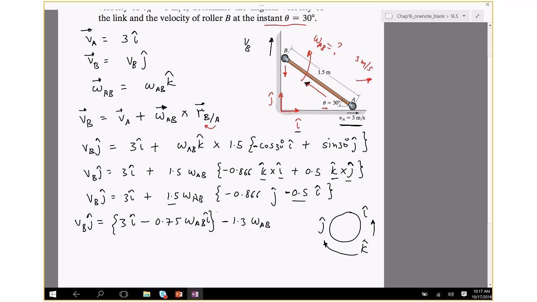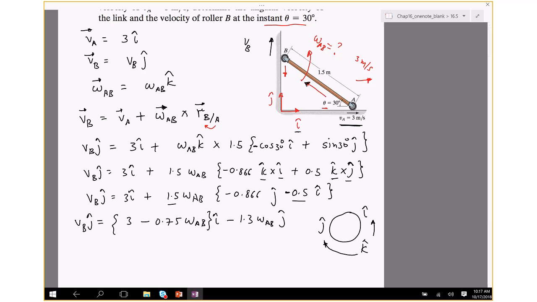Sorry, I forgot to put an i. So 3 minus 0.75 omega AB in the i direction, and then negative 1.3 omega AB j. Okay, I just clubbed together all terms which have an i, and all terms involving j on the right side.